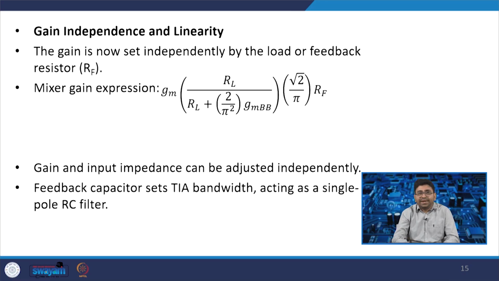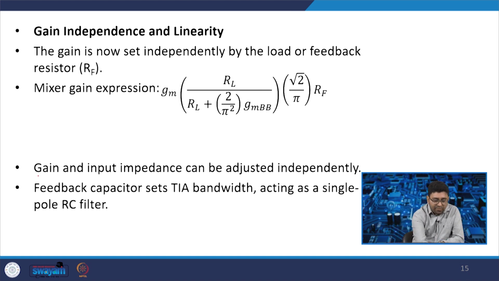So, gain independence and linearity. The gain is now set independently by the load or a feedback resistor RF in the op amp configuration, and we can write it as GM, which is RL by RL plus 2 by pi square into GM BB, root 2 by pi into RF. So, gain and input impedance can be adjusted independently.